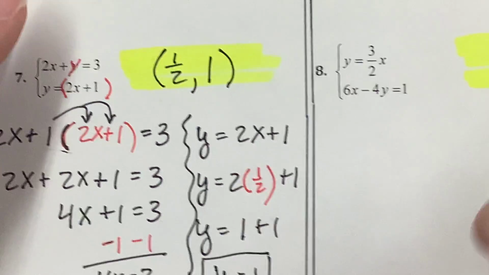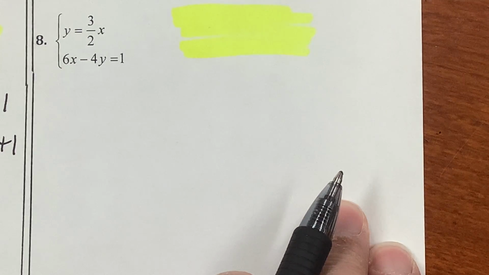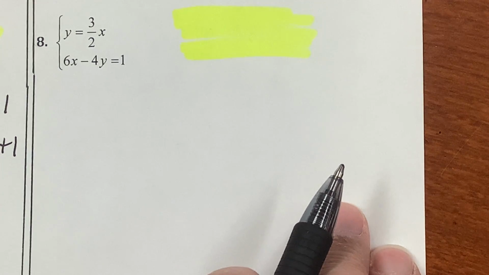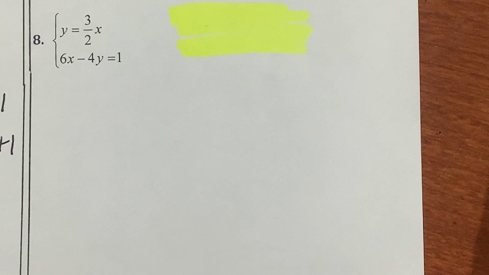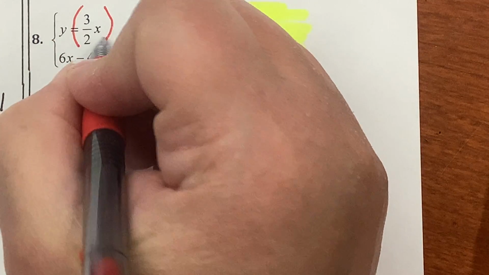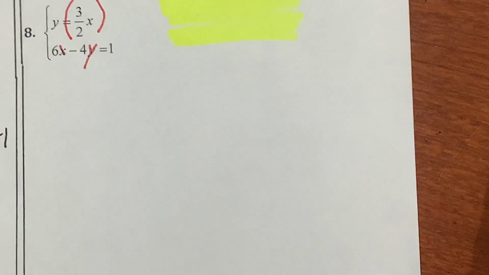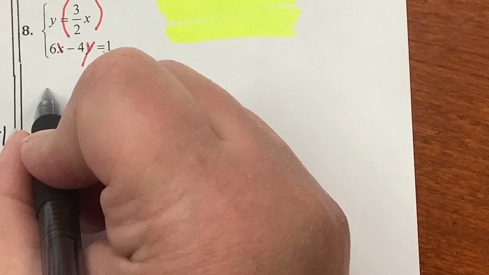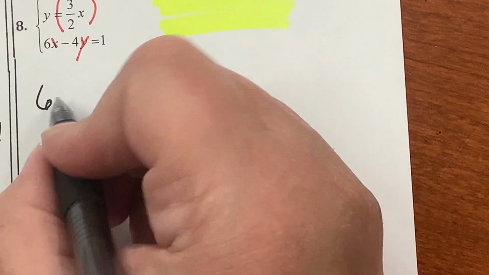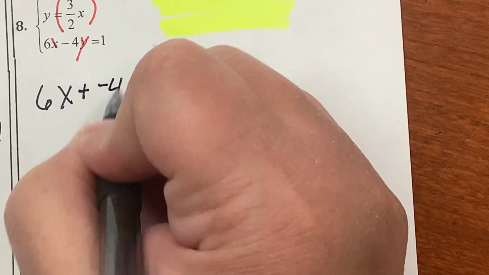Not too bad. And the last problem on this page, and let's start, oh gosh, no, darn it, another fraction. The bane of my existence. Oh, and that's what we're substituting. All right, so this is going to be substituted, oh, no, for y. So 6x plus negative 4.